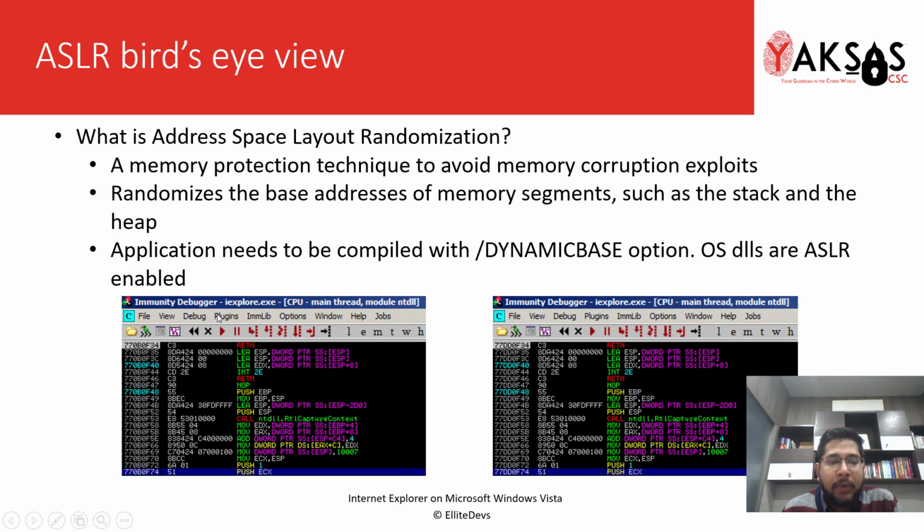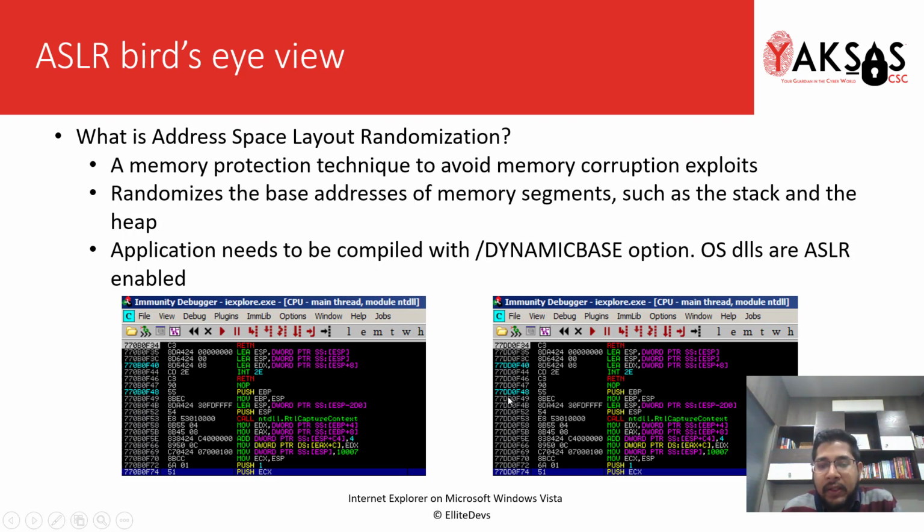As you can see from the example here, I have two screenshots from Immunity Debugger in which I am running Internet Explorer. In the first instance, on the left, the memory address starts from 770B0F48. On the screenshot on the right, it's again a running instance of Internet Explorer, which I created after restarting Windows Vista.